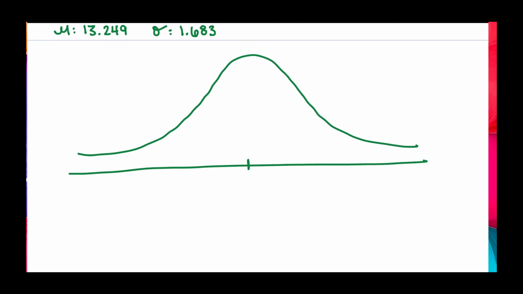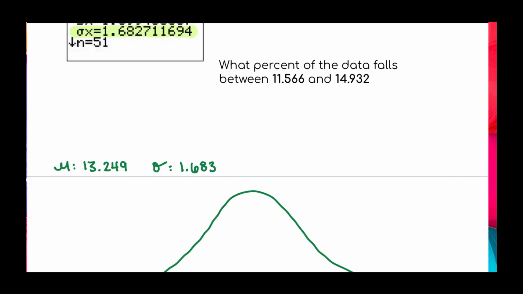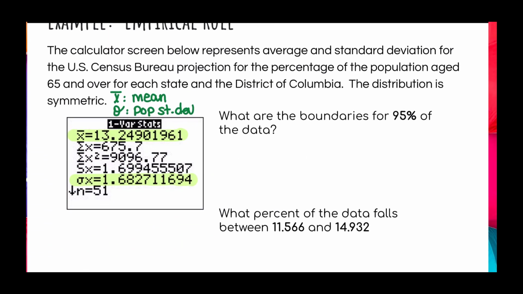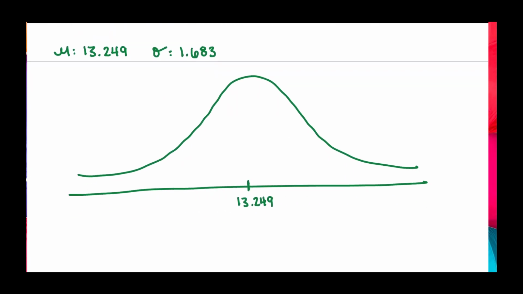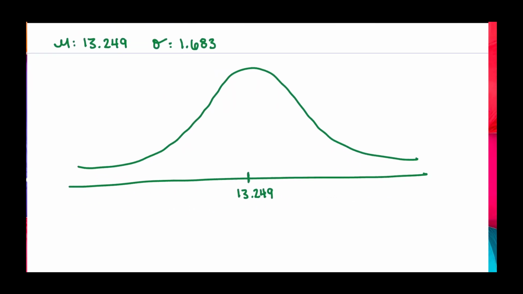That always goes in the middle. So the mean was 13.249. And so what I suggest to students is to build the empirical rule, like illustrate the entire thing, no matter what the questions ask. If you know that empirical rule is going to be applied here, just go ahead and do the whole thing.